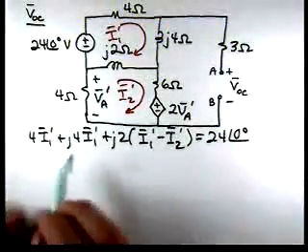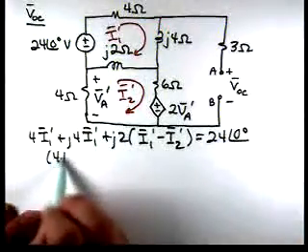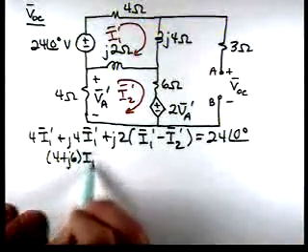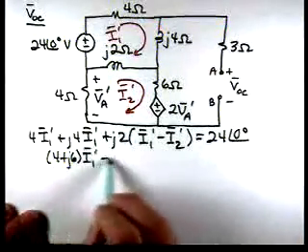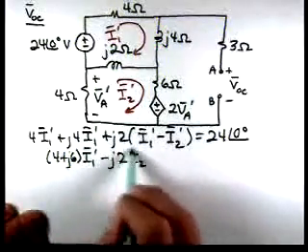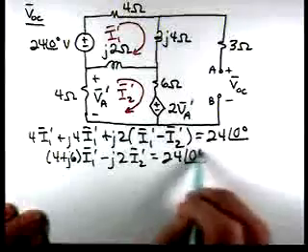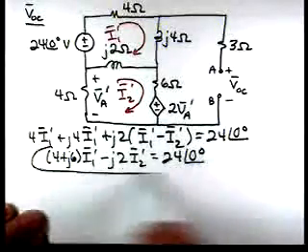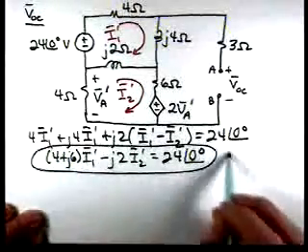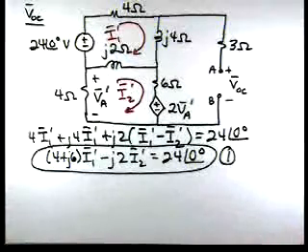So this becomes (4 plus J6) I1 prime minus J2 I2 prime is equal to 24 at an angle of 0. So here's one of the equations that we're going to need to solve. Since we have two unknowns, I1 prime and I2 prime, we're going to need two equations.